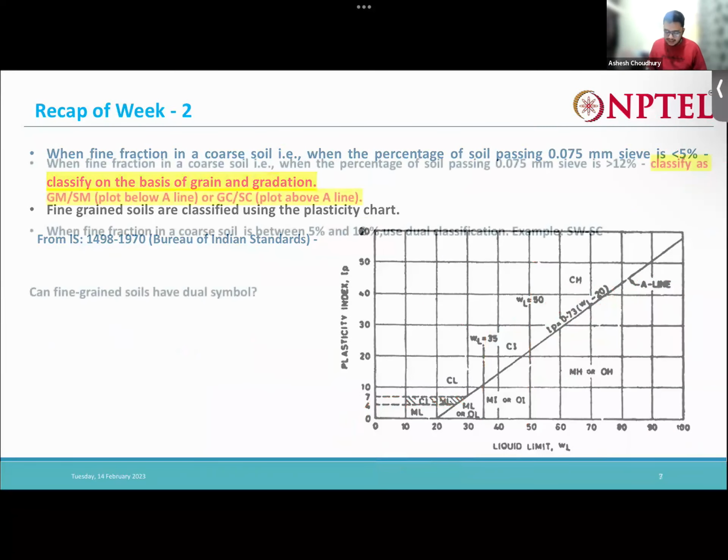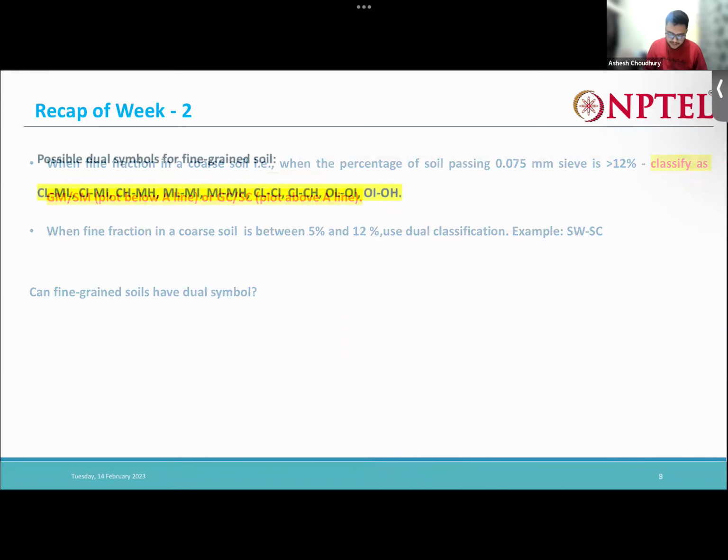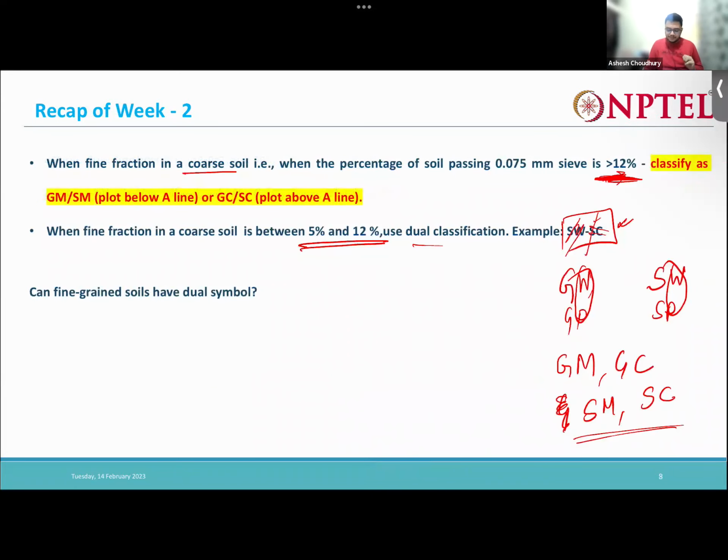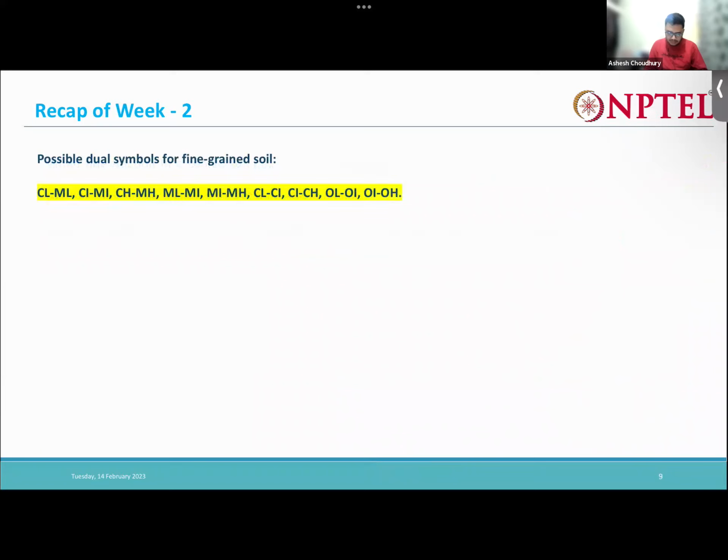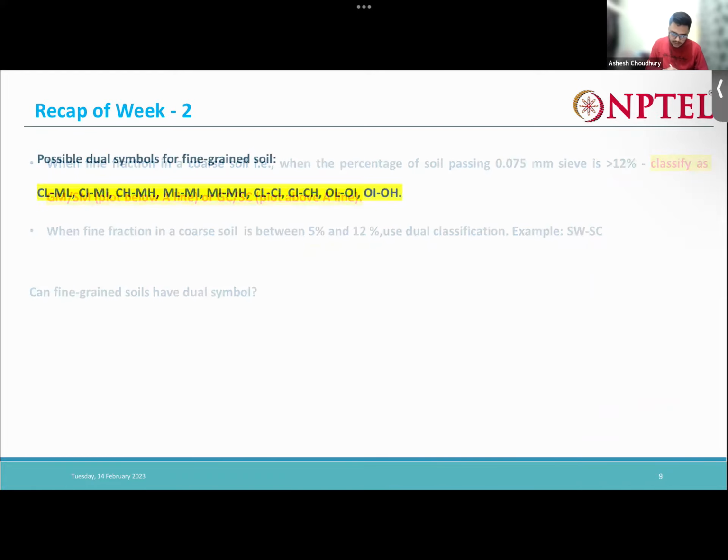Now let us see the other cases. So let me go to the A line.